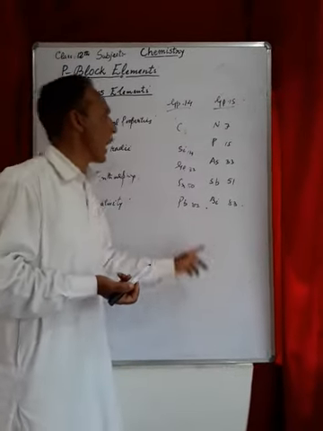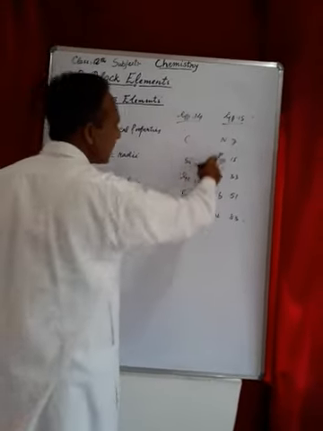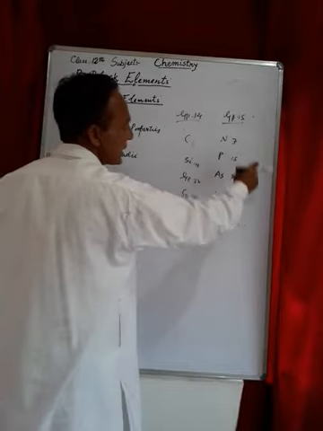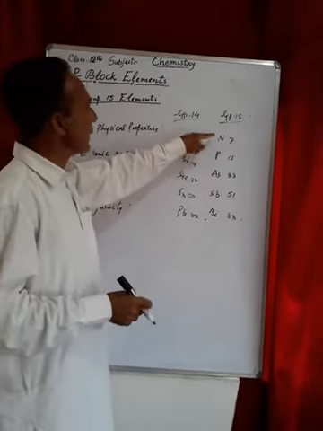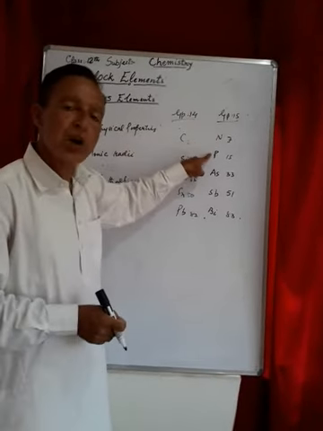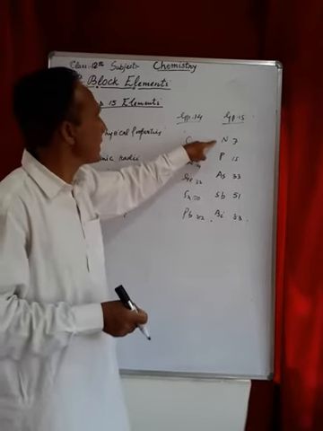But as we move down the group, the covalent radii increases because the number of shells with the successive element increases. But there is a prominent increase in the covalent radii from nitrogen to phosphorus because of the shielding effect of the s and p orbitals.